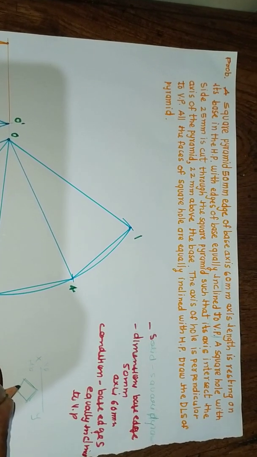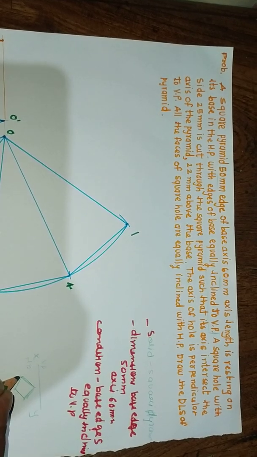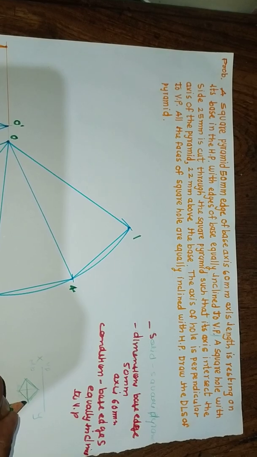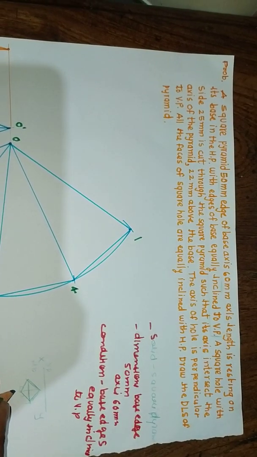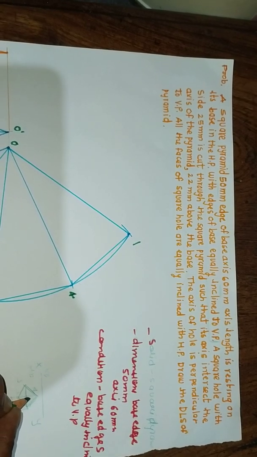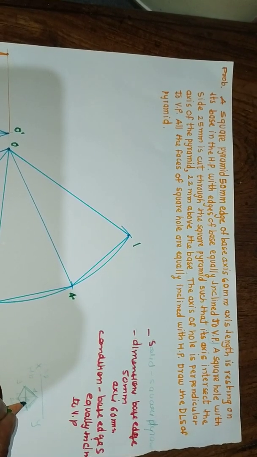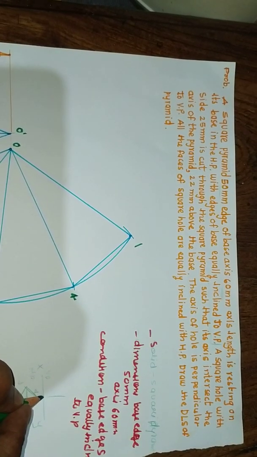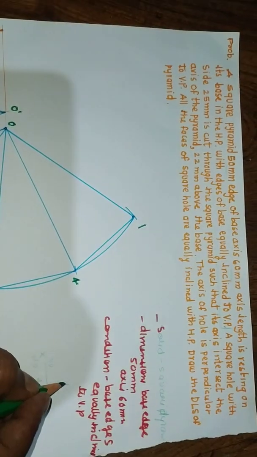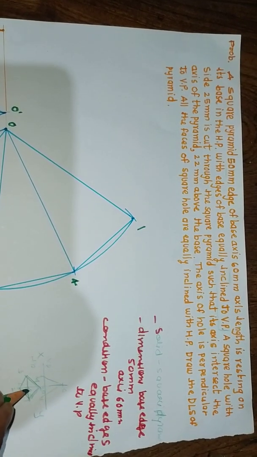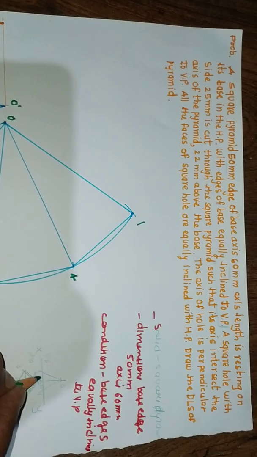Take a point, draw two lines at 45 degrees, and complete the square taking the base edge 50 mm. Name it as 1, 2, 3, 4. This is the axis, a single point. It is not a single point, it is a line perpendicular to HP, OP. Transfer this axis line OP. 1, 2, 3 is the front portion. 3, 4, 1 is the back portion.